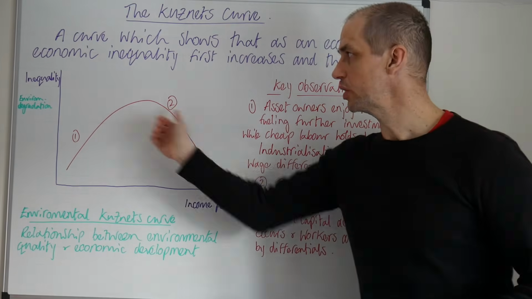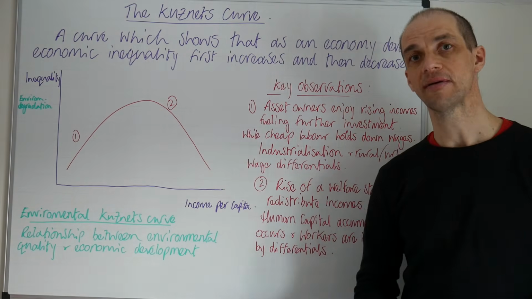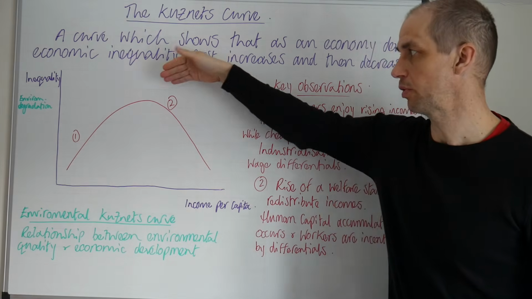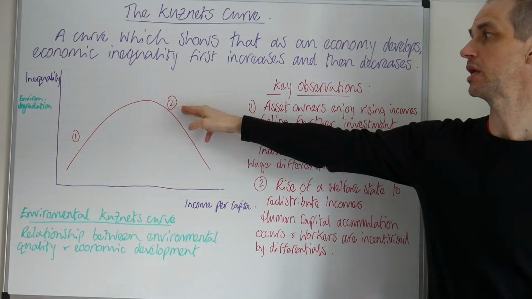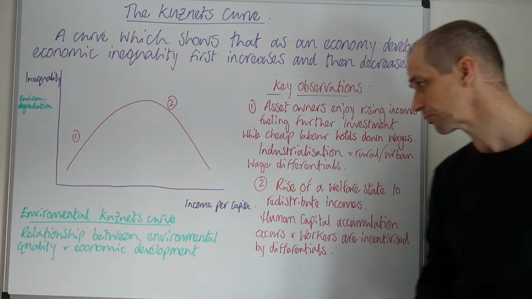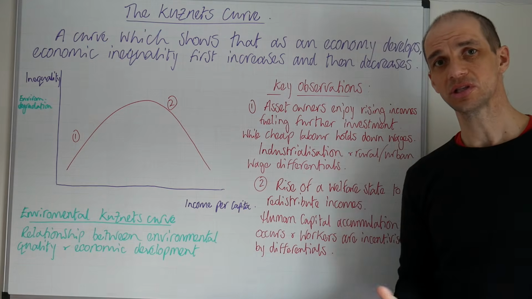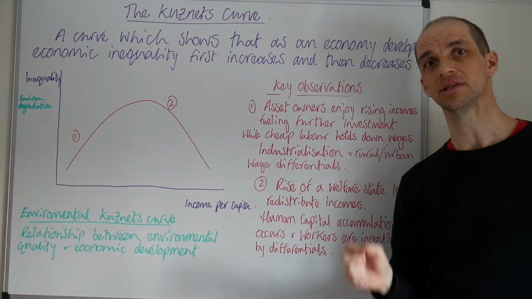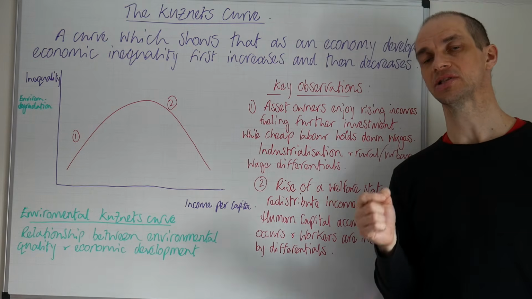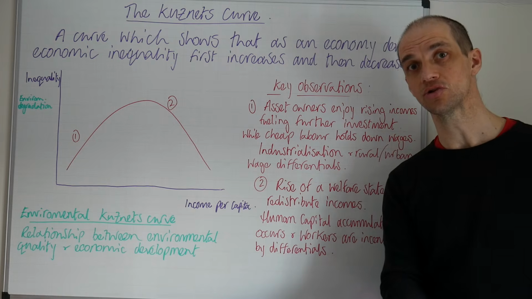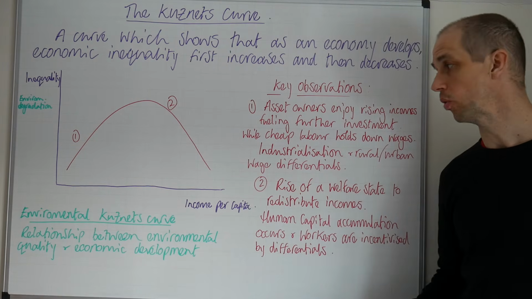Okay, but then we reach a point where inequality reaches its highest level, so this is commonly measured by the Gini coefficient, and at point 2 we can see it's beginning to actually come down. And here we can see what's likely to take place is firstly the rise of a welfare state that is actually using some form of progressive taxation system to help redistribute income from the asset rich to the asset poor.